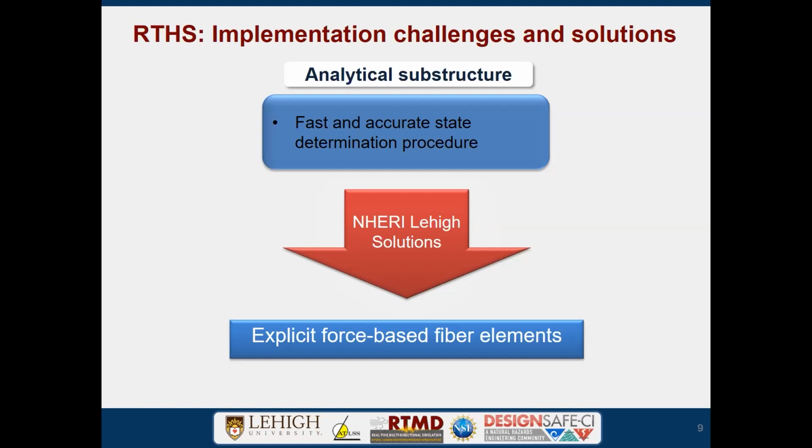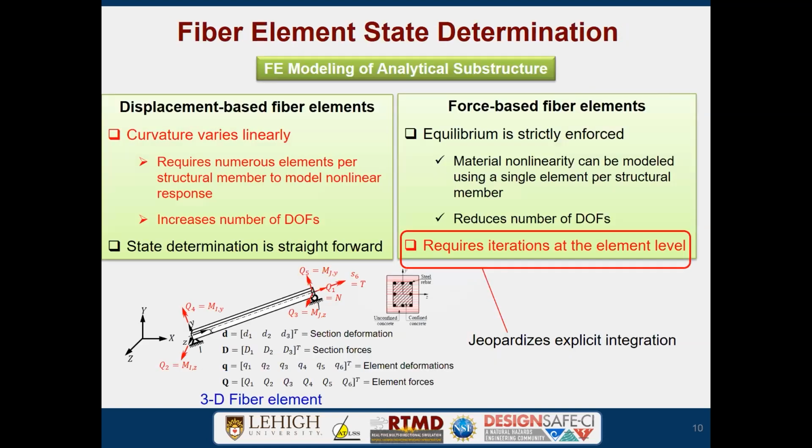They both have benefits. For displacement-based fiber elements, because the curvature varies linearly, the state determination is straightforward. However, it's a challenge to do in real-time hybrid simulation because it requires a large number of elements per structural member. It can significantly increase your number of degrees of freedom, especially when you try to model the nonlinear behaviors.